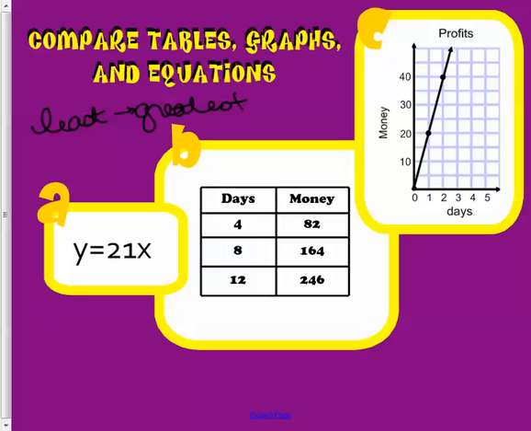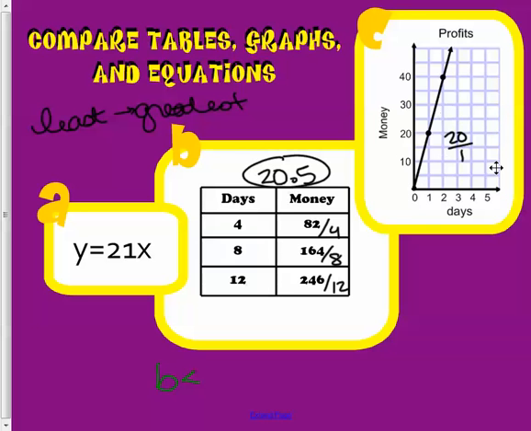All right, so here we go. The least of these guys is my table, because if we look here, 82 divided by 4, 164 divided by 8, and 246 divided by 12 all give me 20 and 5/10. So B is my least. If we look over here, oh, I take that back.